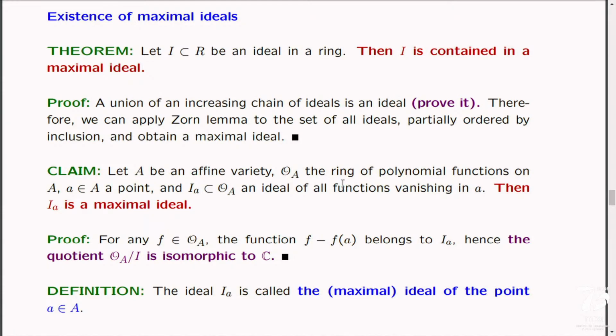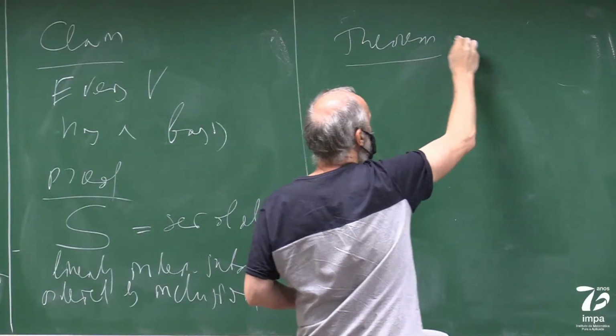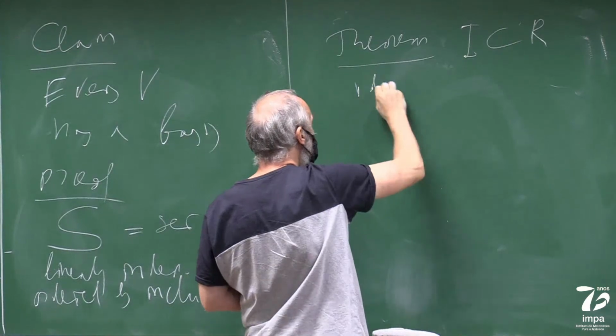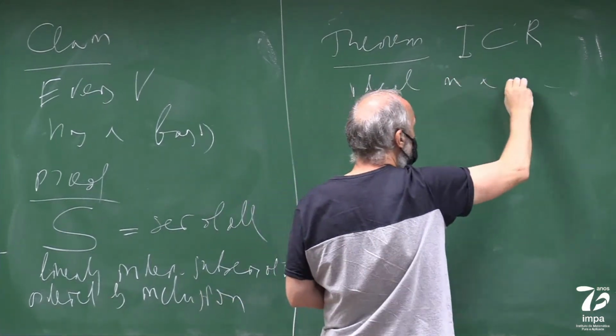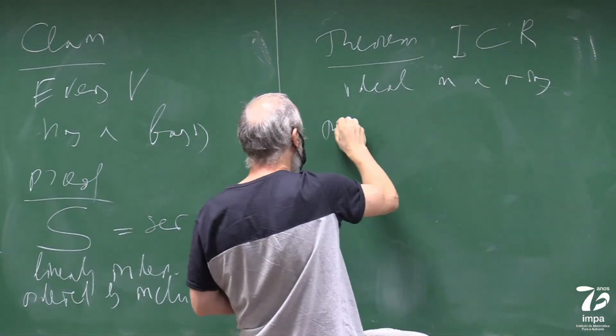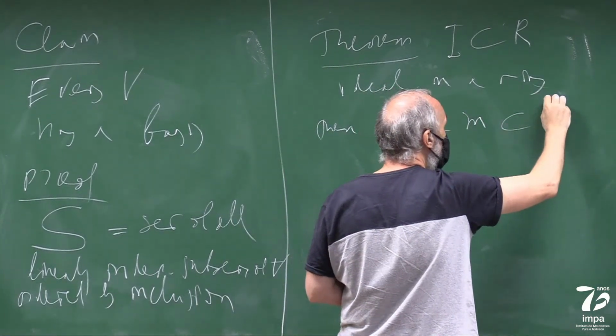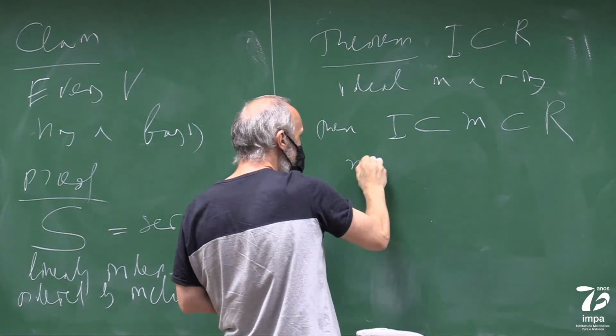So, theorem: suppose you have I inside R, an ideal in a ring, then I is contained in a maximal ideal M.